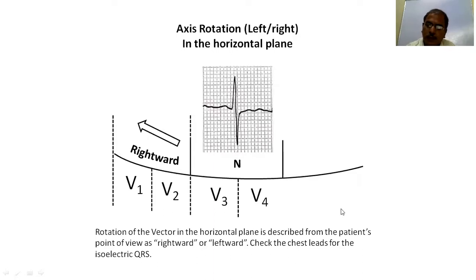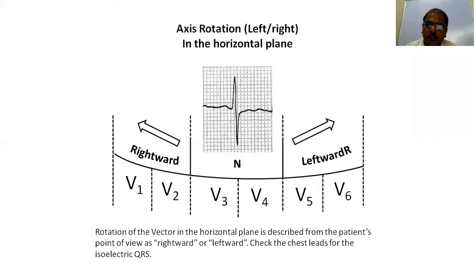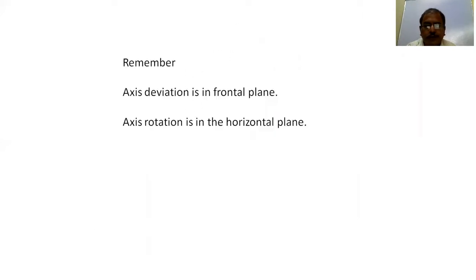If we see more positive QRS complex, then it is leftward, that is, in V5 and V6 you will find QRS more positive. So, remember, axis deviation is seen in the frontal plane, whereas axis rotation is seen in the horizontal plane.